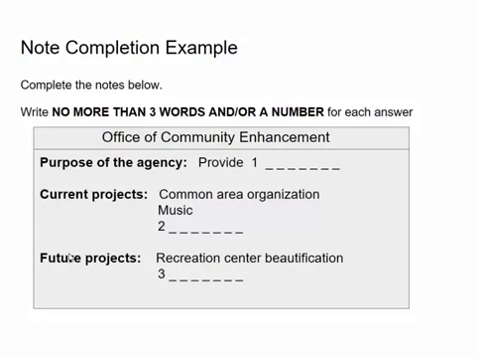So as soon as the speaker starts shifting towards future projects or things they're going to do or are planning to do, okay, think through what keywords they might use to describe this. We need to then focus on question number 3. So recreation center beautification, so making the recreation center look nicer in some way.